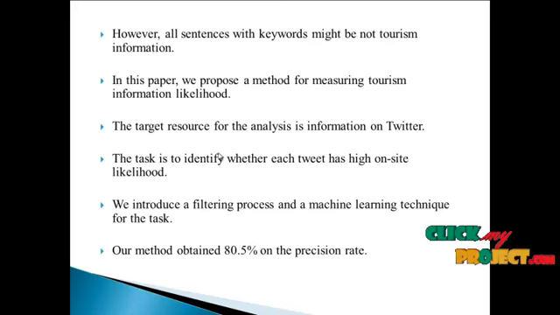The target resource for analyzing the techniques is more information about identifying the tweets which have the on-site likelihood. We introduce a filtering process using learning techniques for the task. Then it is filtered using a technique called pruning. From feature extraction we collect many words, and then they are filtered.